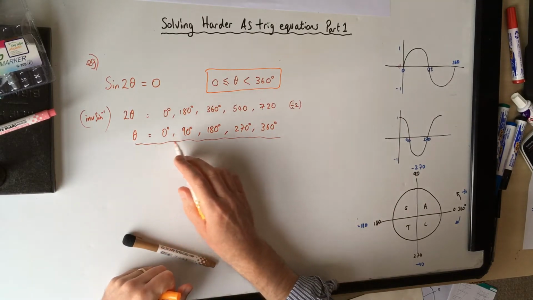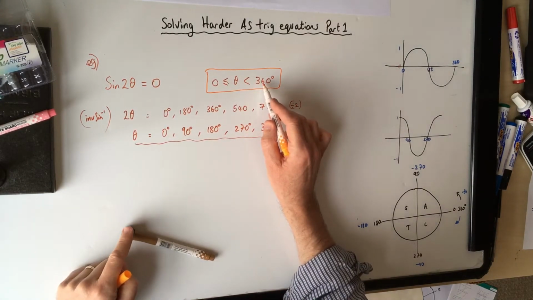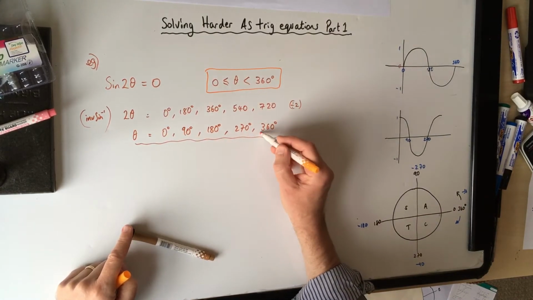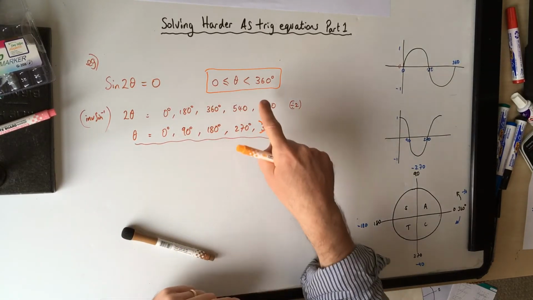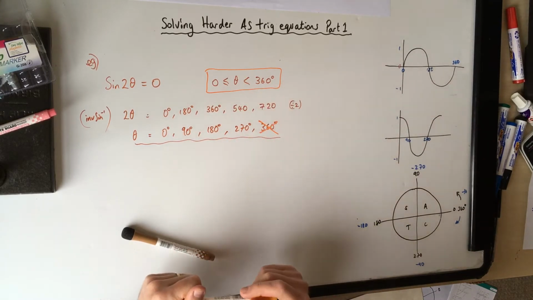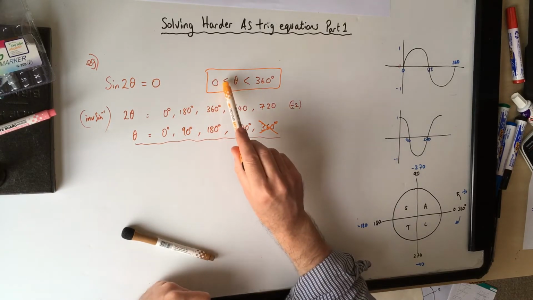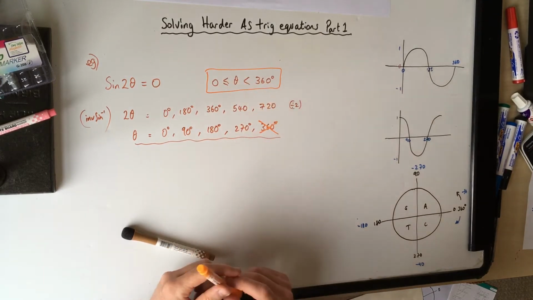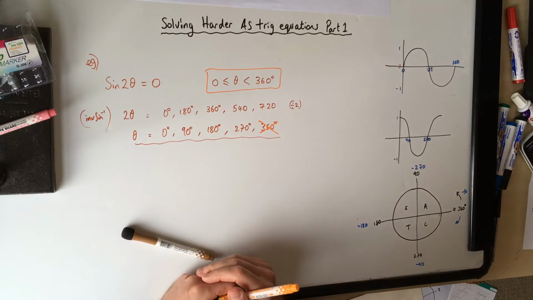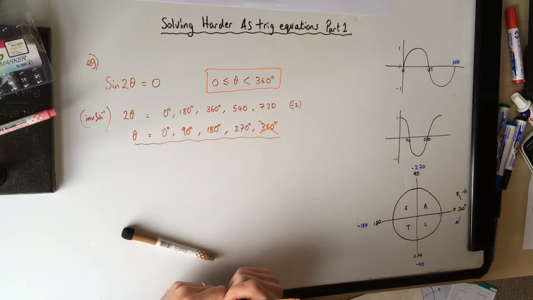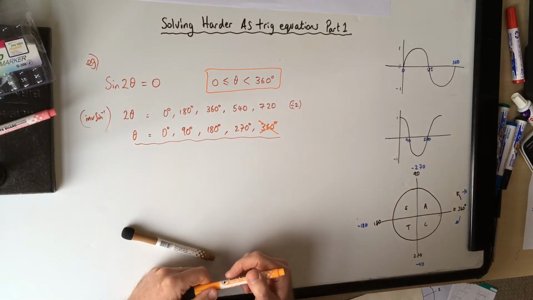These are all values that would solve the equation, but the 360 is not in the range it's asking for, because it's asking for less than 360. If we include that in an exam question, we will lose a mark. They do this on purpose to see whether you're paying attention to the range they're giving. So look very carefully at the greater than and less than signs, and make sure you include all values within that range and don't include values that are not in that range, or you will lose marks. So actually this has 0, 90, 180 and 270.